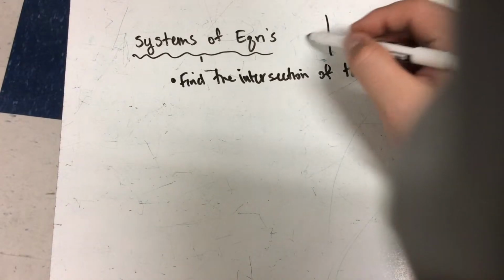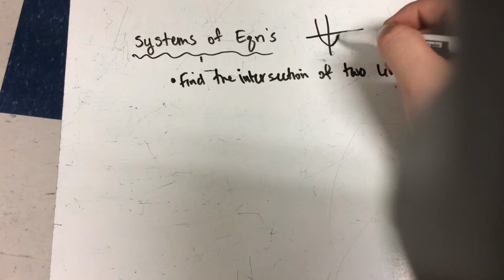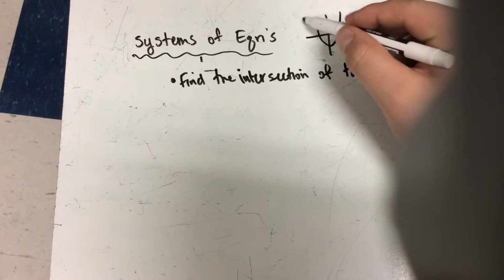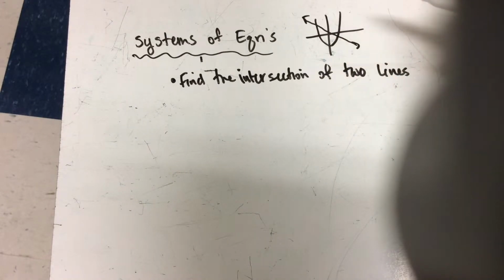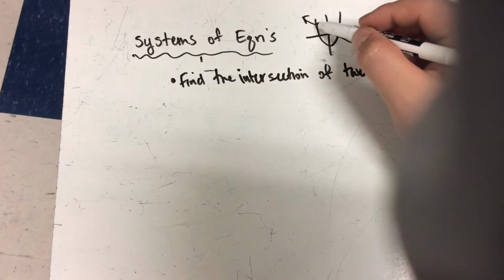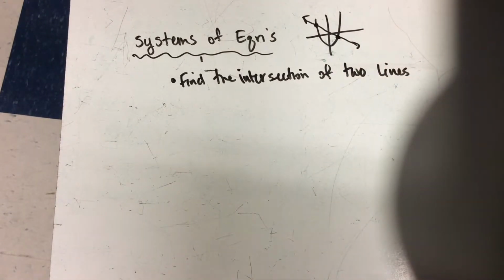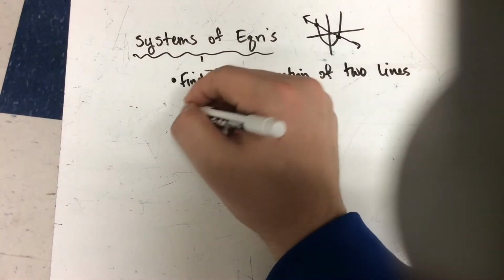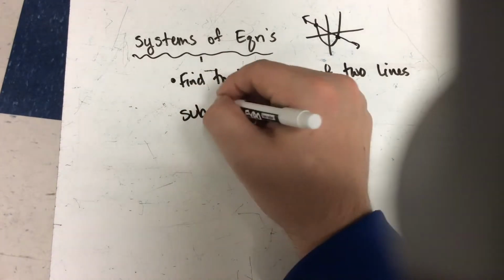Maybe later in our math careers we'll deal with a parabola and a line, and we'll try to find where the intersection points are. That's a little more entertaining than just lines because, look, we have two intersection points here and here. But we're just going to keep practicing with our lines and our systems of equations. We ended with substitution.